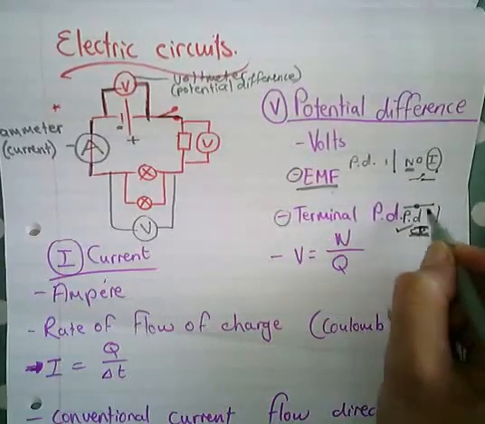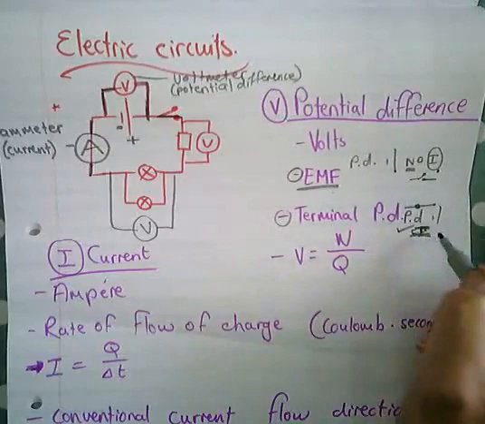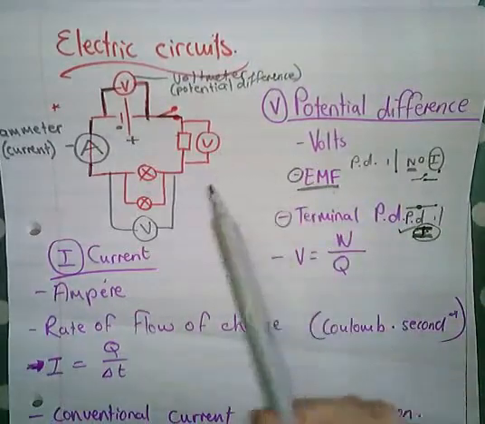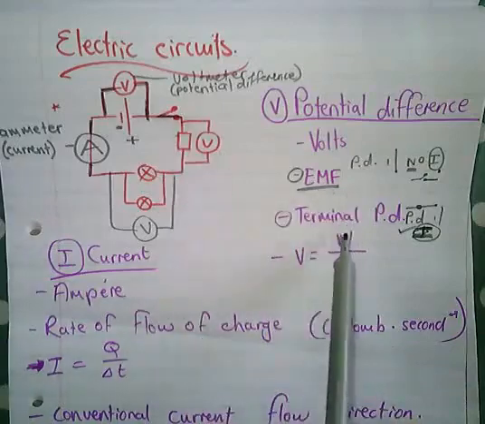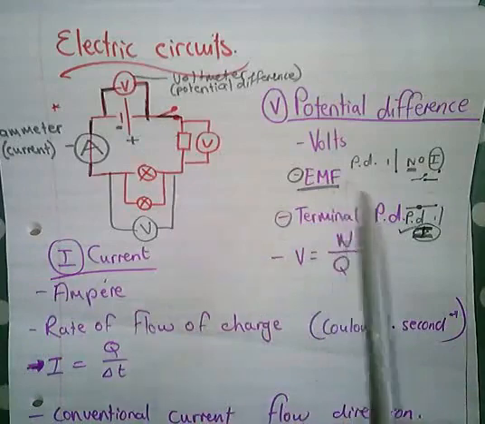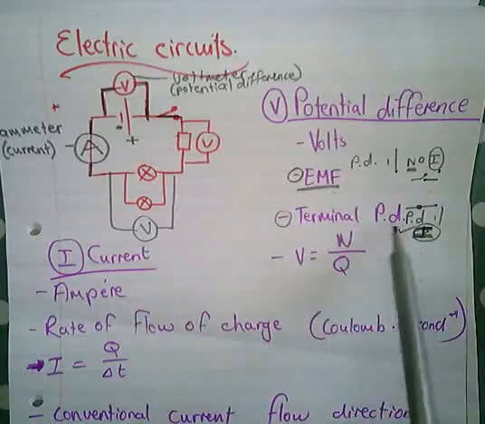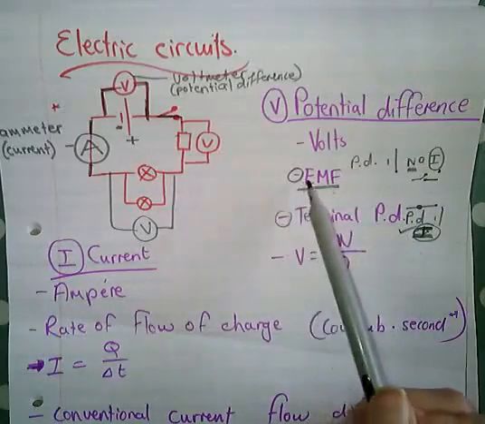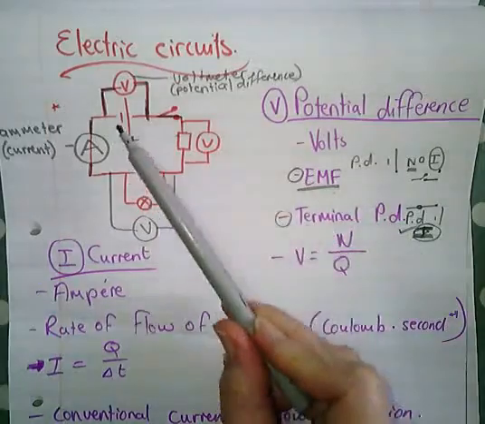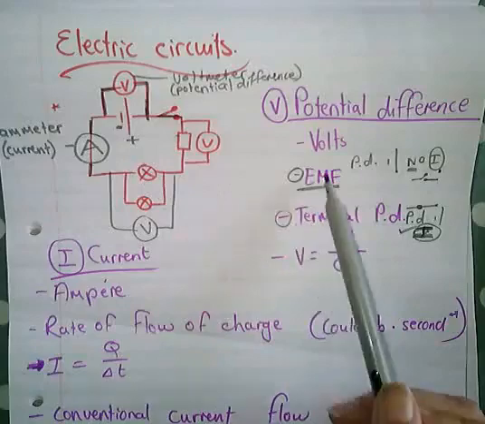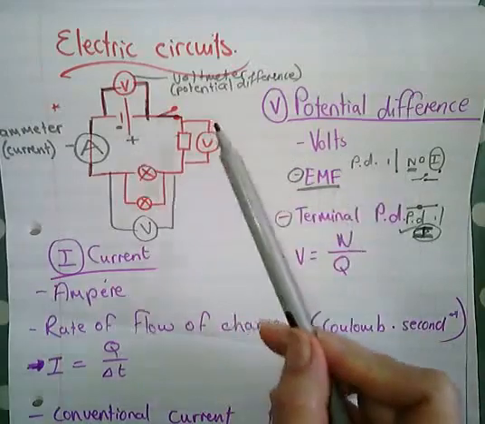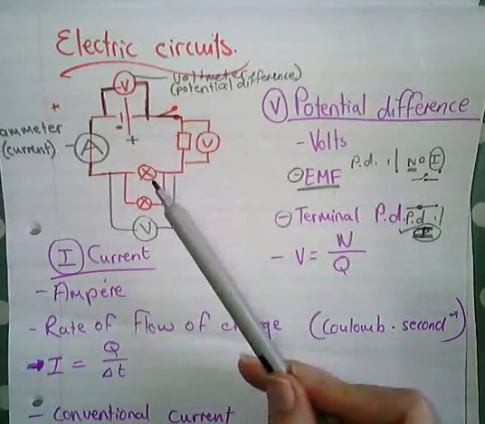The only difference between EMF and terminal potential difference is whether the current is flowing or not. Terminal potential difference will always be less than EMF because with terminal potential difference, the internal resistance of the battery decreases the total potential difference available to the circuit.